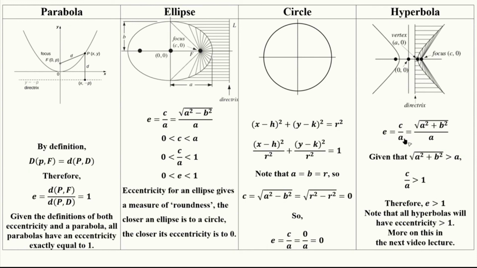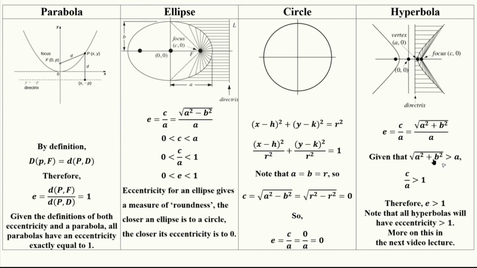Here the eccentricity is c over a. In our next video, you'll learn that c is actually going to be the square root of a squared plus b squared, rather than the a squared minus b squared for an ellipse, over a. Now, we know that the square root of a squared plus b squared is going to be greater than a, because remember, just the square root of a squared itself is just going to be a.